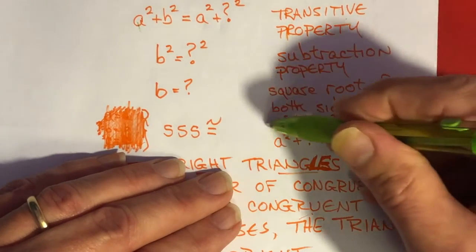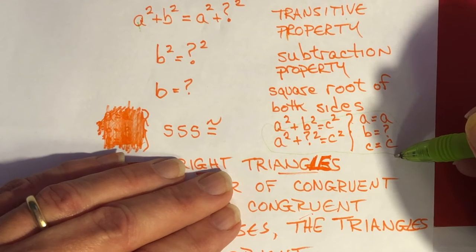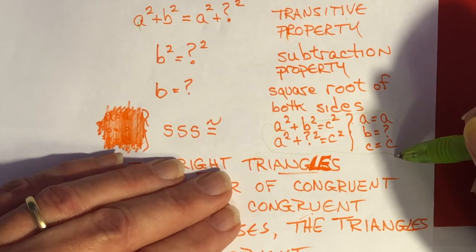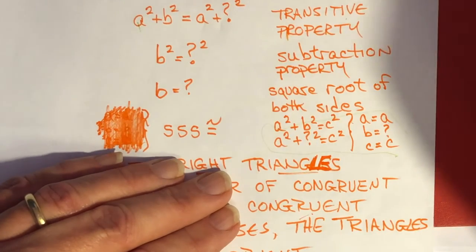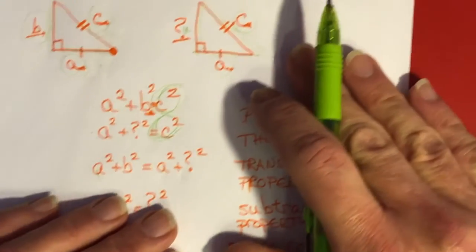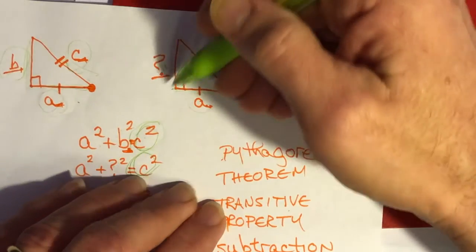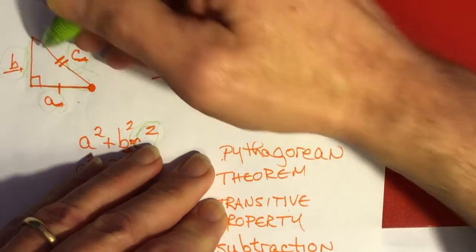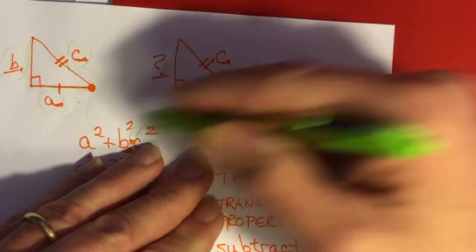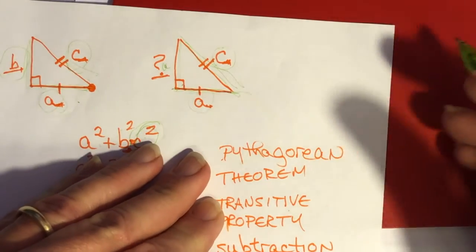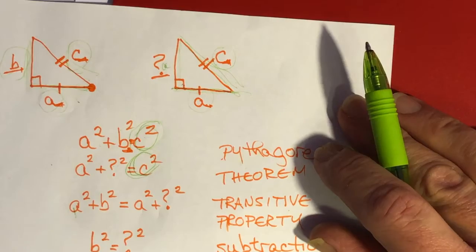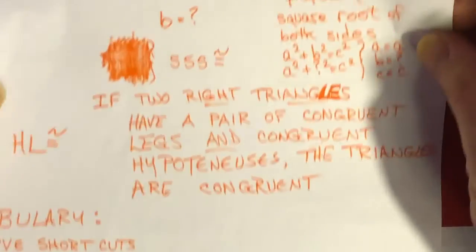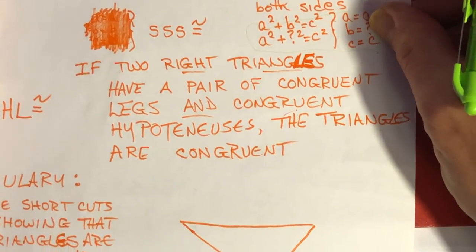That's what I've got here, except that I didn't really have those two sides. And besides that, why should I have to go through that rigmarole every time I find two right triangles with legs that are congruent and hypotenuses that are congruent? I just did it without the numbers. Certainly every time I do it with numbers, it's going to work as well. And it does. So we have another shortcut.